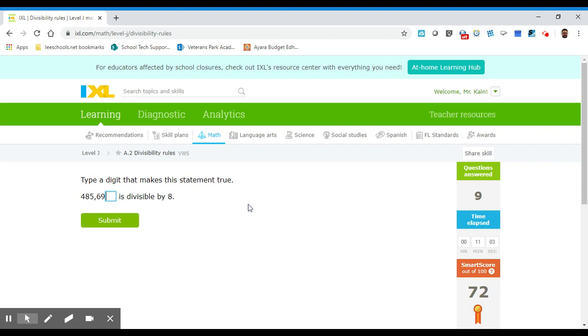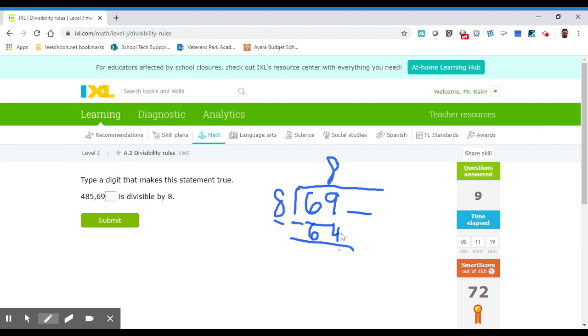So the way I would do this one is I would take the number 8 and think about 6, 9, blank. So 8 goes into 69 8 times, or 64, a remainder of 5. So what would this number have to bring down that would divide evenly?